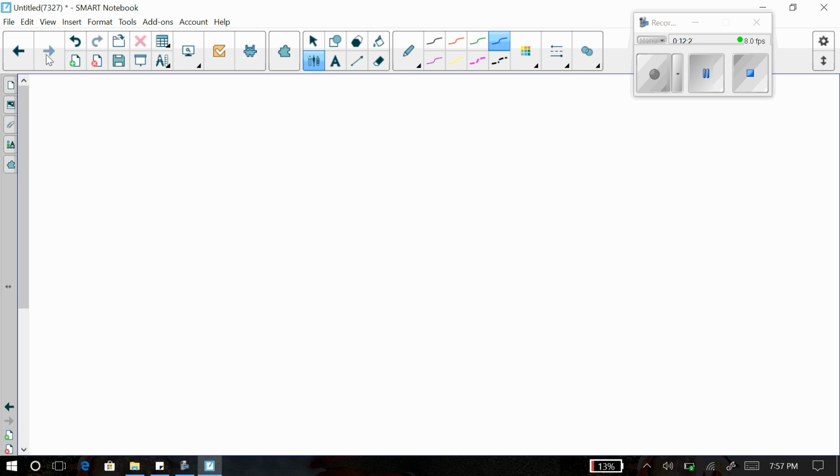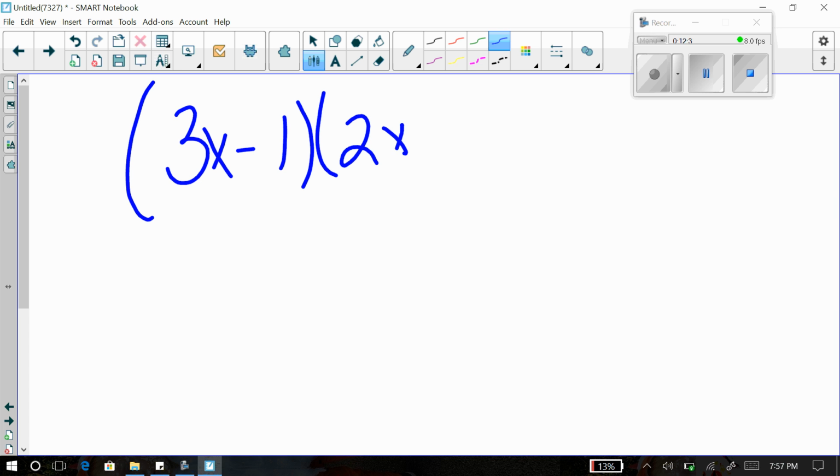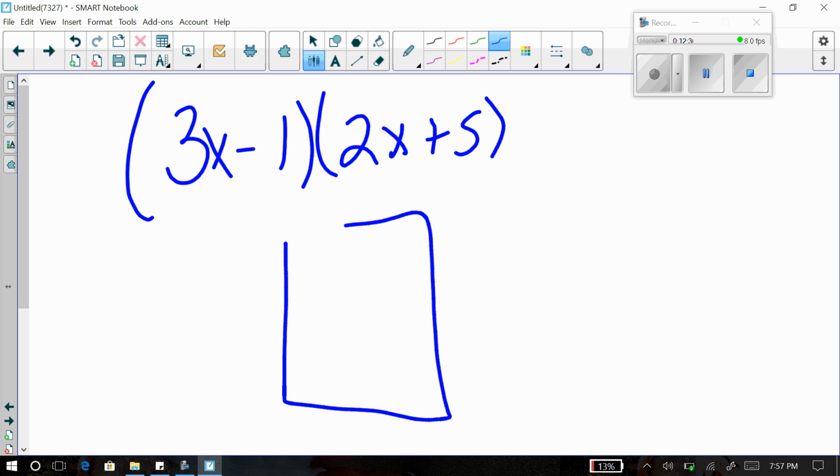All right, multiply. If I ask you to multiply these two polynomials, we know we do the box. And how we set up the box is we draw a square.